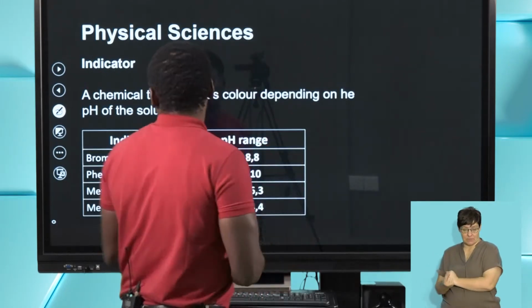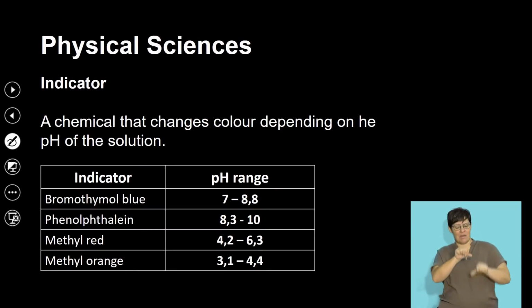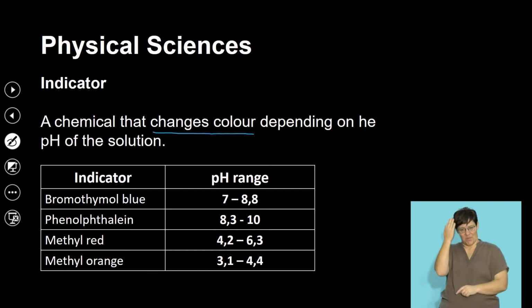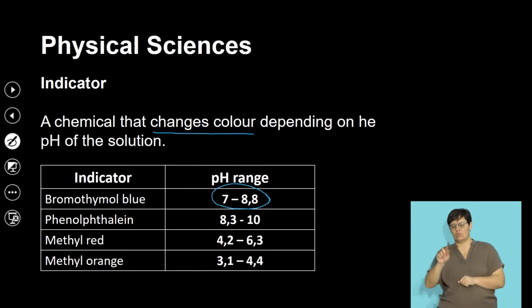These chemical indicators' color change is more qualitative. The color change, which can be observed, is what is important as far as the use of indicators in acid-base reactions. There are different types of them. We've got bromothymol blue, whose color change is between pH 7 and 8.8.